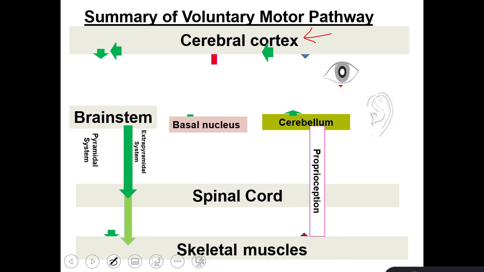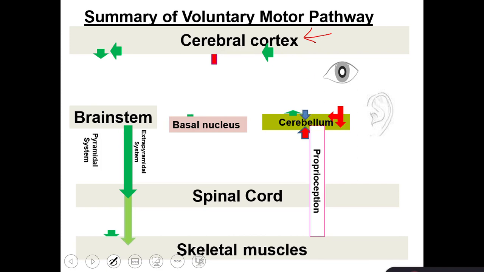Now, as you move, the cerebellum takes over to maintain your balance and coordinate your movement as you move. To do that, the cerebellum receives sensory information from three sources: the proprioception, your muscles, the vestibular apparatus in the ear, and from the eyes. Also, the cerebellum receives a copy of the planned movement from the cerebral cortex.